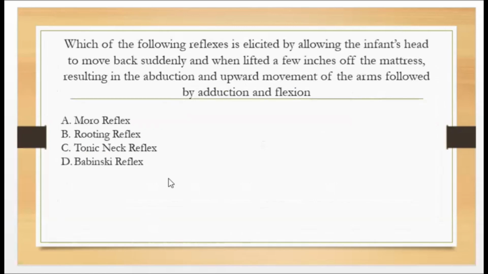Which of the following reflexes is elicited by allowing the infant's head to move back suddenly when lifted a few inches off the mattress, resulting in abduction and upward movement of the arm? This is usually your motor reflex, the Moro reflex, because Moro is like, I call it a fighting reflex.